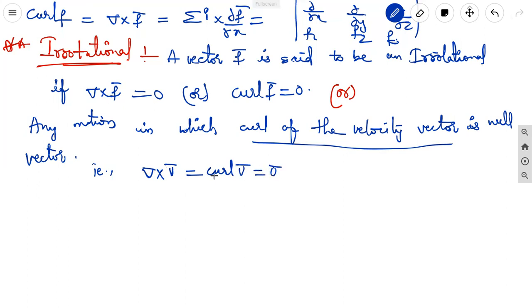Then it is a null vector, that is, del cross v vector equal to curl v vector equal to 0 vector is said to be irrotational.